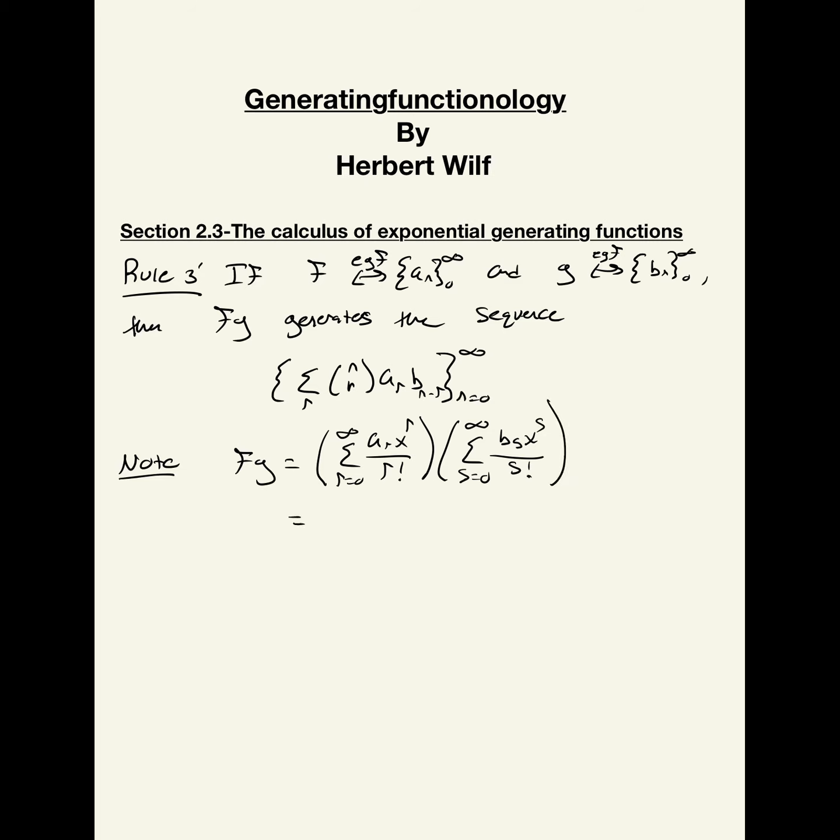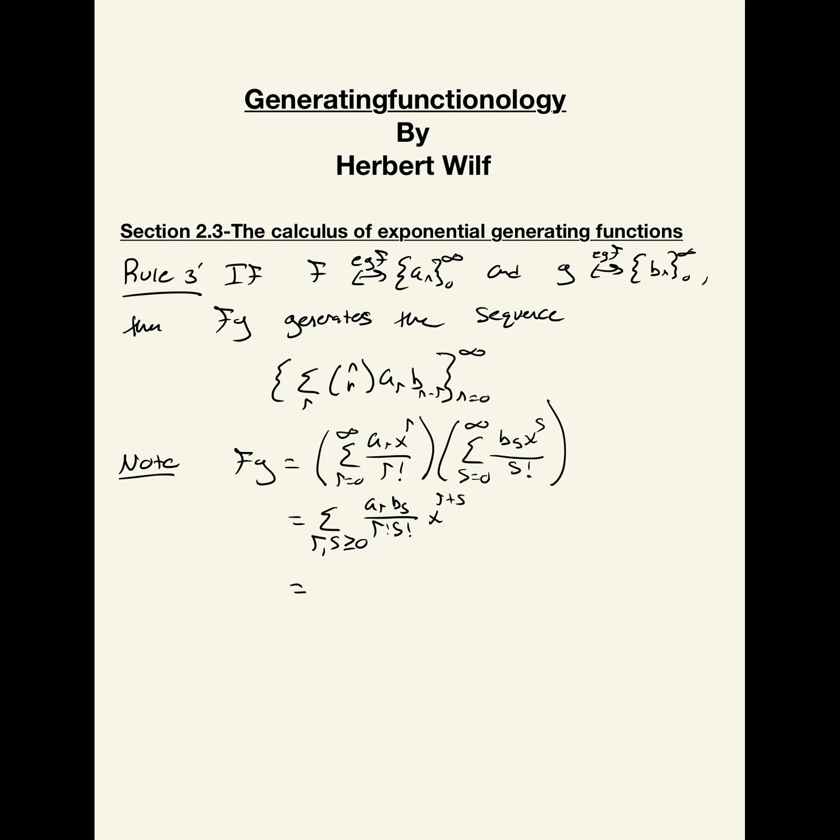If we multiply this out, this is a lazy way of writing it. If we just multiply every single thing together, we can write this double sum instead as the sum over r, s greater than or equal to 0 of a r b s over r factorial s factorial, x to the r plus s. That's just a lazier way of writing it and just multiplying everything together.